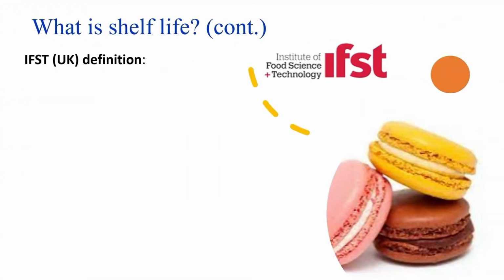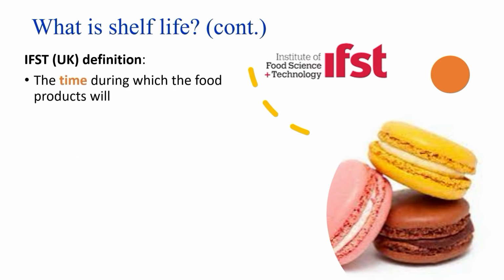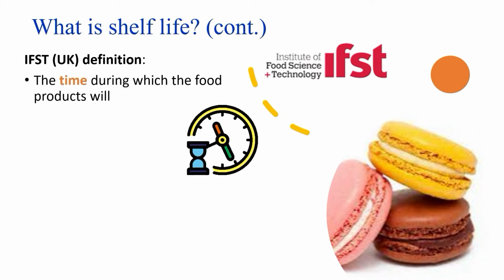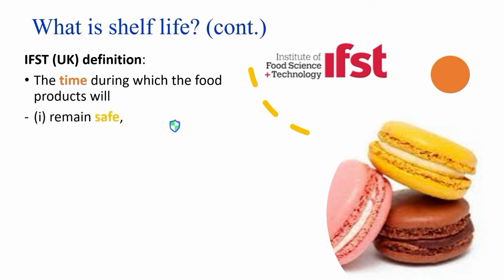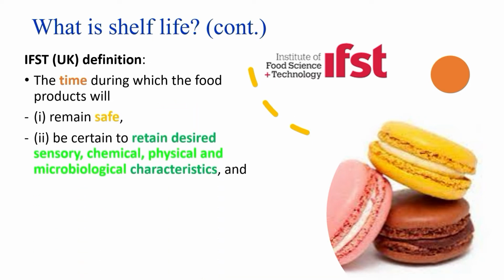How about the definition from IFST UK? Let's have a look. The time during which the food products will remain safe. The first one, first consideration must be safe. Second, be certain to retain desired sensory, chemical, physical, and microbiological characteristics. You see, it's on the quality properties.